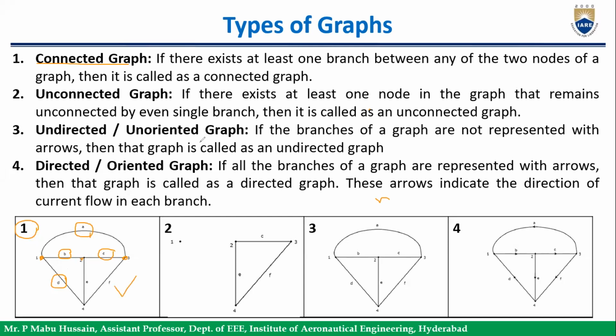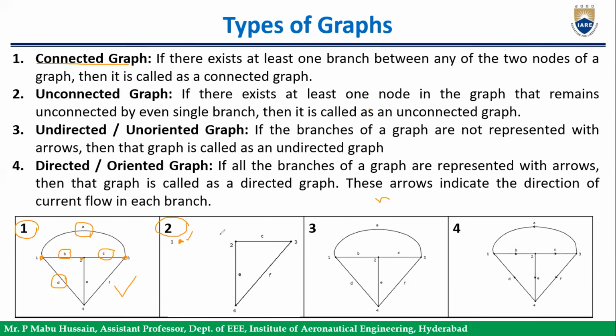Then what is an unconnected graph? An unconnected graph is one in which at least one node is not connected to any other node by a single branch. If you observe the second figure, the first node has no element, not even a single branch, to any other node.